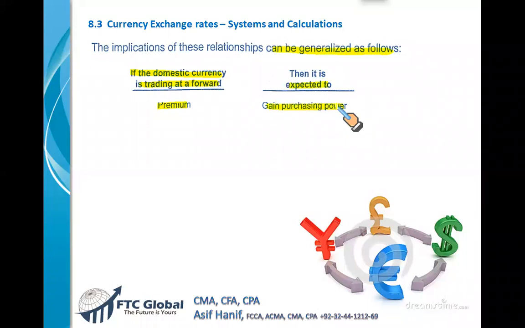It is going to strengthen in the future, right? It will strengthen against the counter currency. And on the other side, if your domestic currency is trading at a forward discount, it means it will lose purchasing power. Keep this general conclusion in mind. We will apply it as we move along.